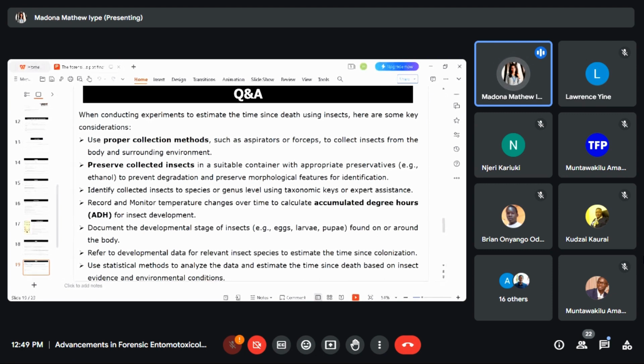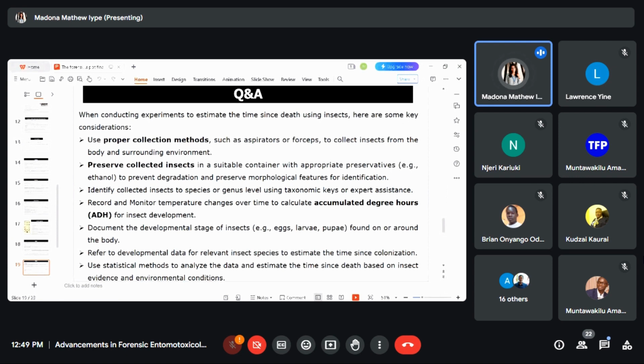Because ultimately, after catching the specimen, our aim is to identify the species and the whole taxonomical levels. So it's necessary to preserve the morphological condition of the insect. Next, identify collected insects to species or genus level using taxonomic keys or expert assistance.